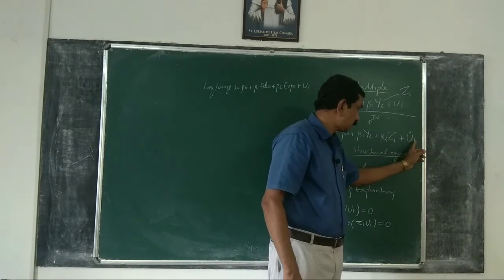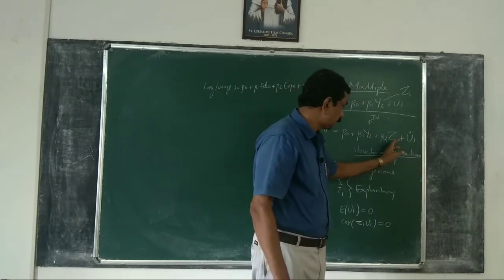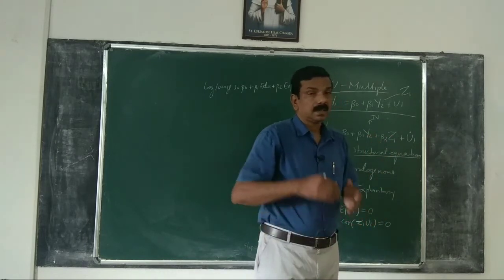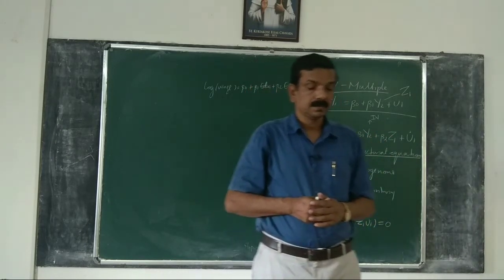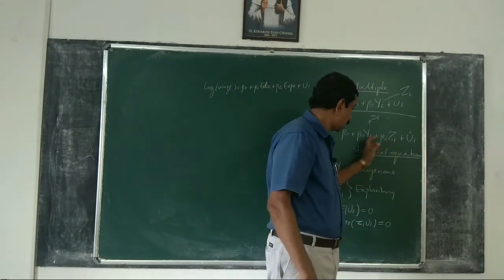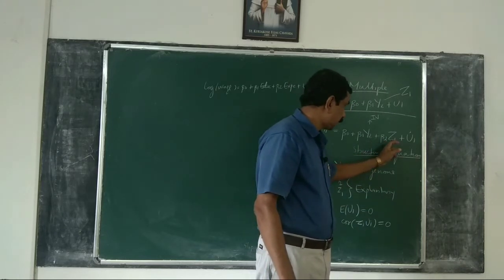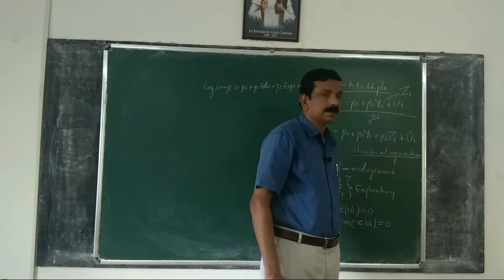Since z1 is not correlated with u1, the question is, can we use z1 as an IV for y2, assuming that z1 and y2 are correlated?